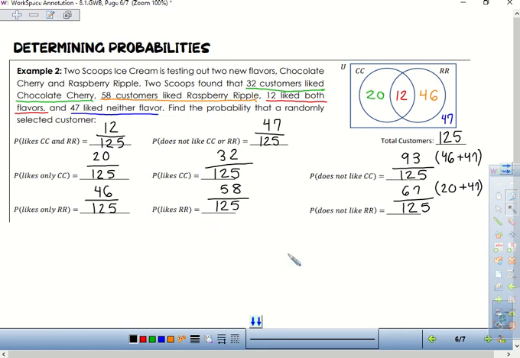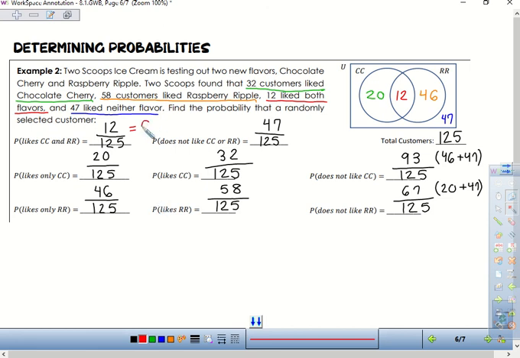So this is how you could write the probability out of 125. You could say 12 out of 125. But oftentimes, probability is represented as a percentage. So to find the percentage, and I'll show you how to do one of these, and you can do the rest of them, you're going to do 12 divided by 125 times 100.